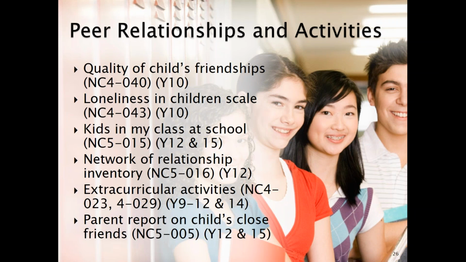Those scales are year 10. There's also the parents' report on the child's close friends at years 12 and 15, and a Network of Relationships Inventory at year 12. There are the kids' perceptions of the other kids in their class at school at years 12 and 15. And then finally, there are some questions about their extracurricular activities at years 9 through 12 and then 14.